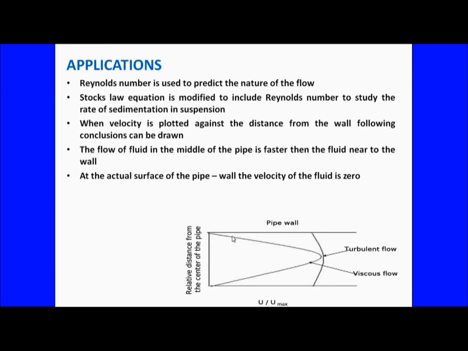The layer near the wall will have less velocity because it is close to the wall, where adhesive forces act between the wall of the pipe and the liquid. At the actual surface of the pipe wall, the velocity of the fluid can be considered to be 0, because only the fluid in the middle is flowing, so it has the turbulent flow.